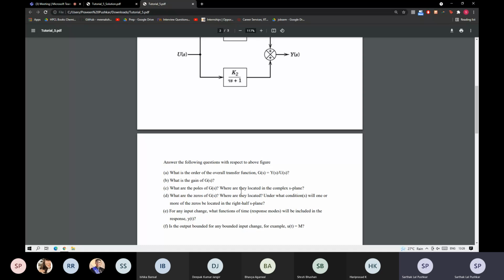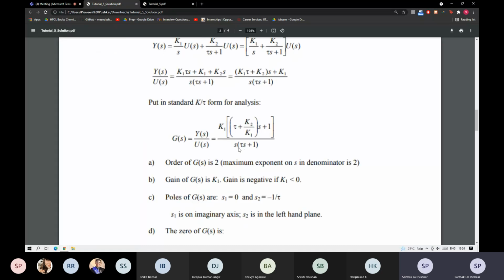You can see the denominator part as s into tau s plus 1. So there are two poles. One is s1 is 0 and the other one will be minus 1 by tau. So s1 will be on the imaginary axis and s2 will be in the left half plane.